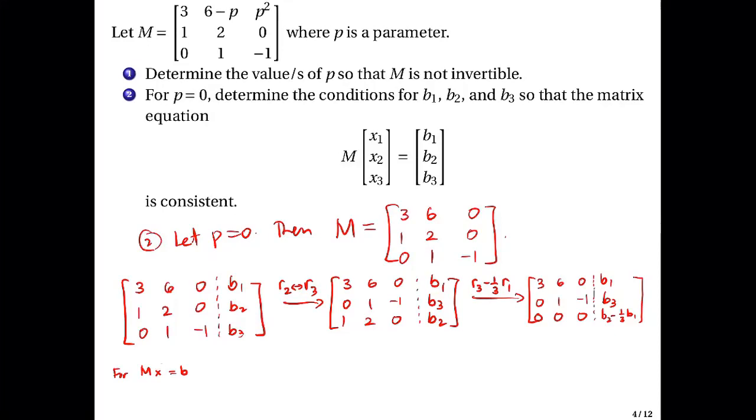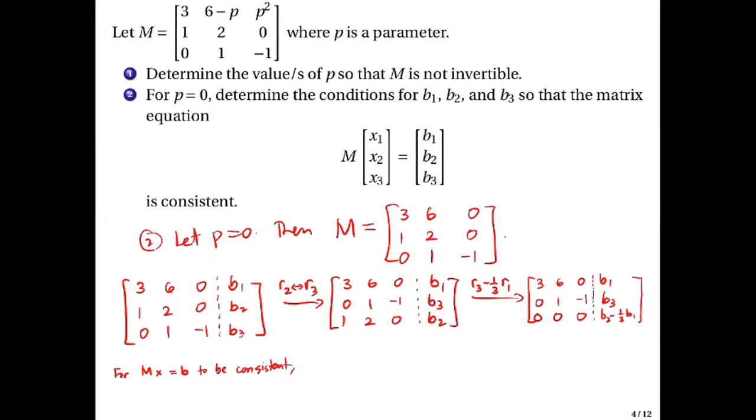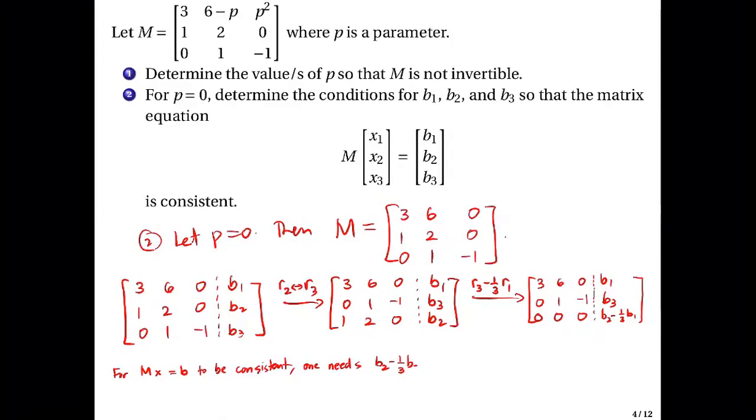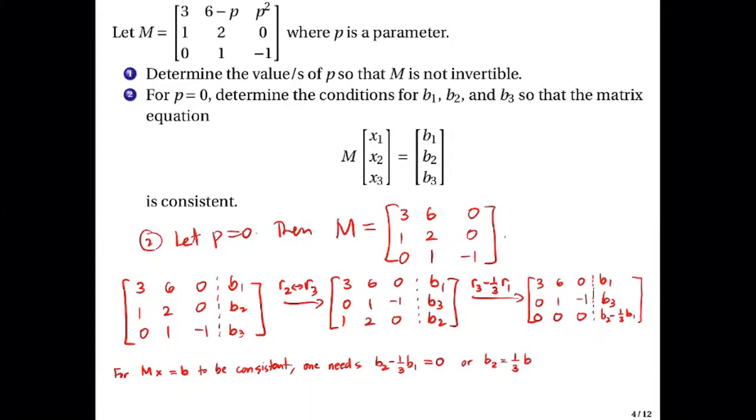So for Mx equals b to be consistent, we need b2 minus 1/3 b1 to be 0. Okay? Or we need our b2 to be 1/3 b1.